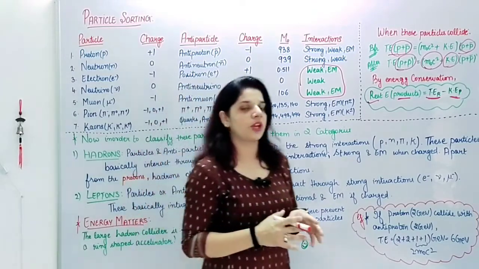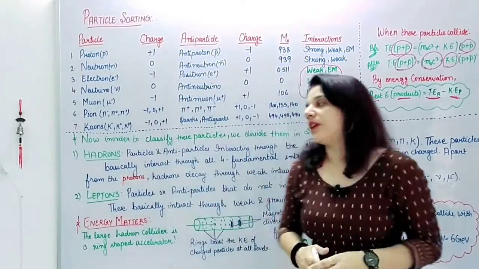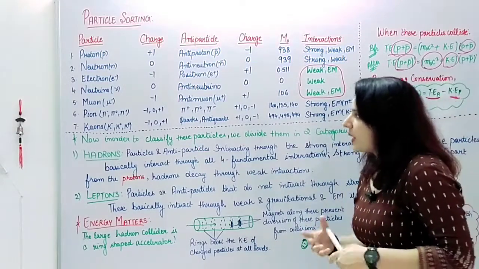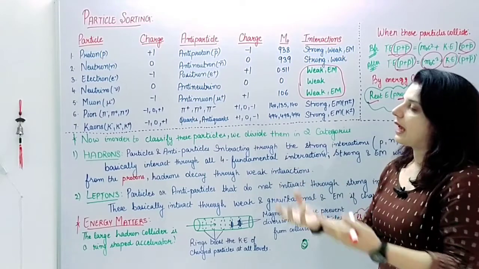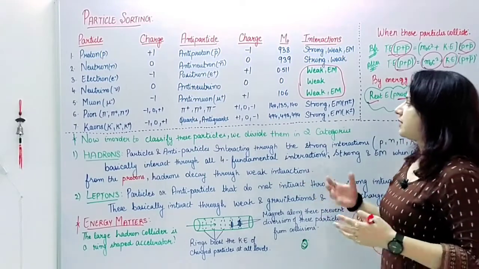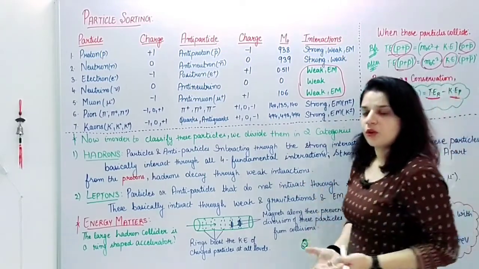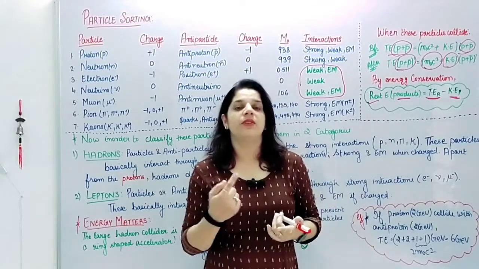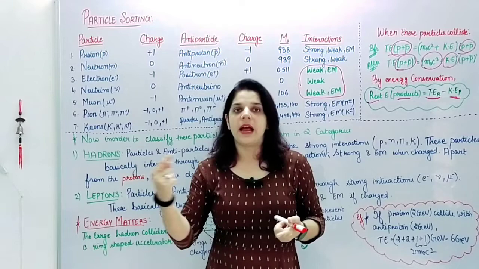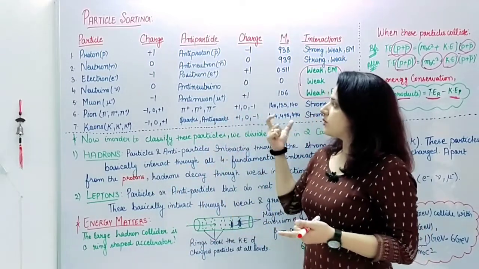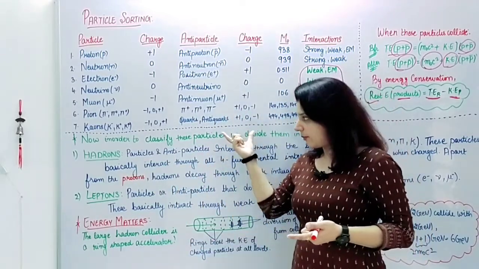So this is my sorting of the particles, where I have studied these particles, discovered them, observed and calculated their charges and masses and the modes of their interactions, whether in origination or in decay, and I have tabulated them here. So this will be the final table.